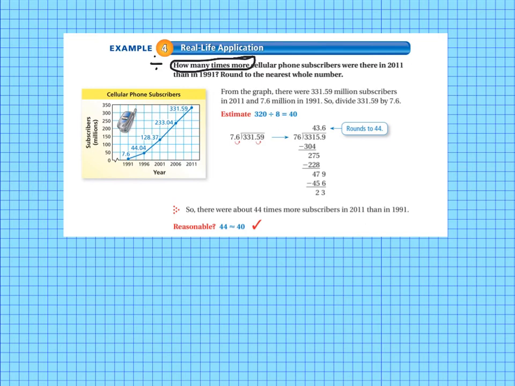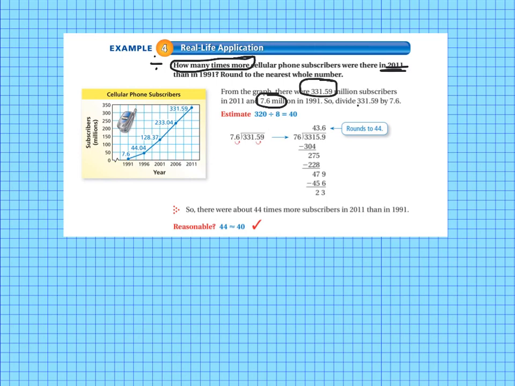So you look at the graph, and it says from the graph there were 331.59 million subscribers in 2011 and 7.6 million in 1991. So you have to take these in order. 2011 comes first in the problem. So you want to take that big number and you want to divide it by the small number.